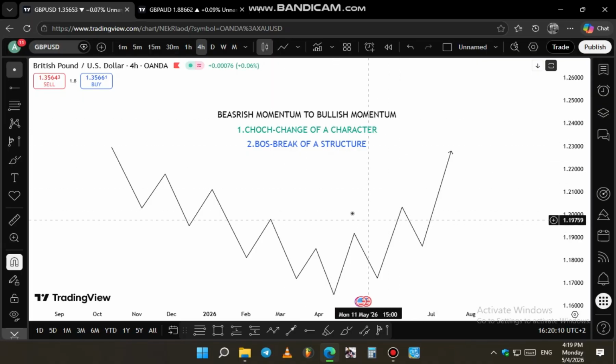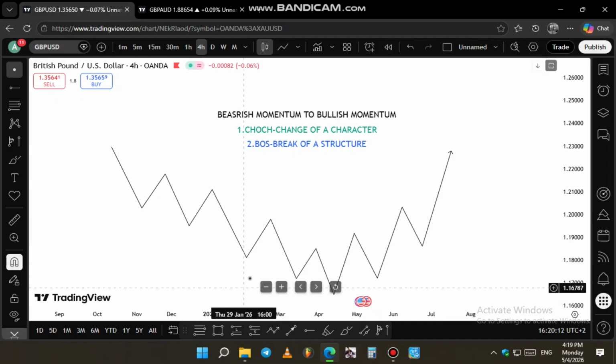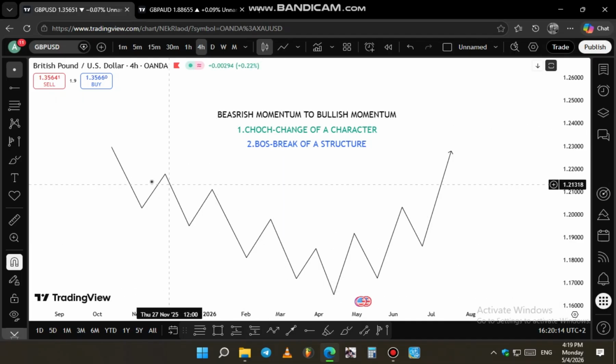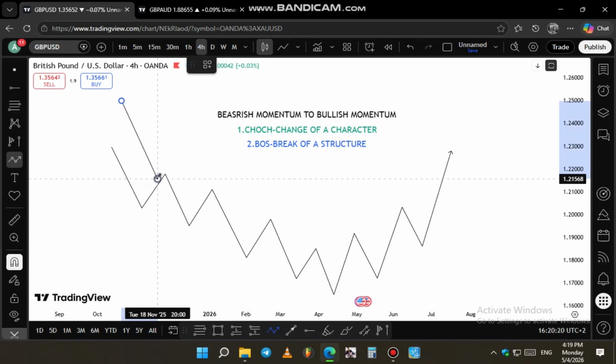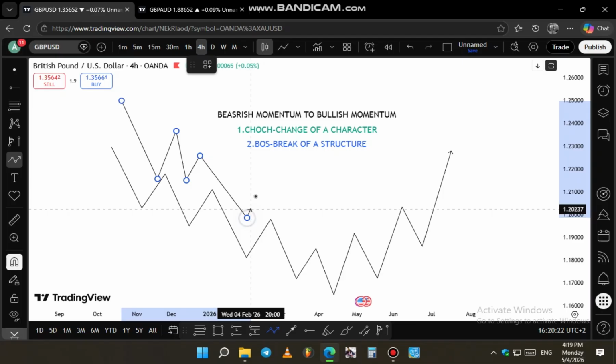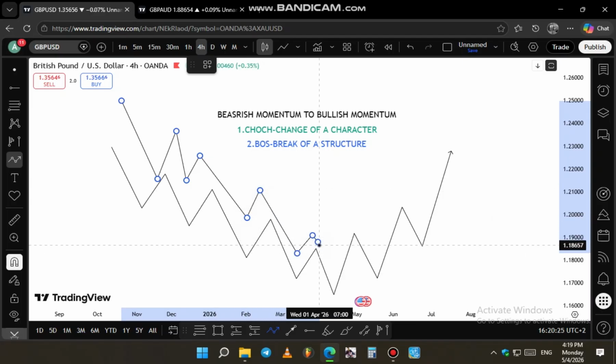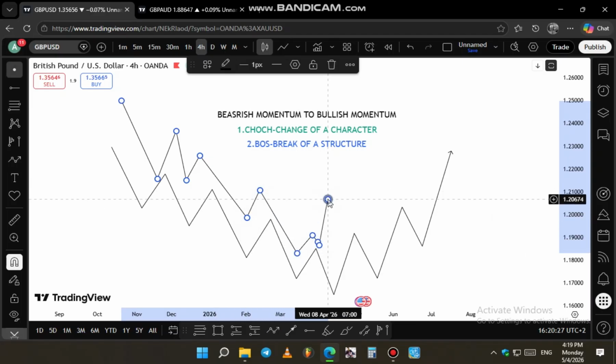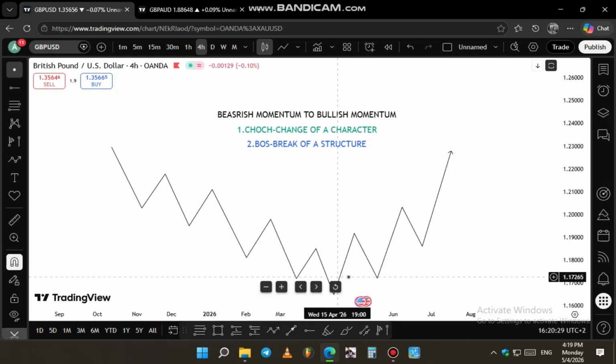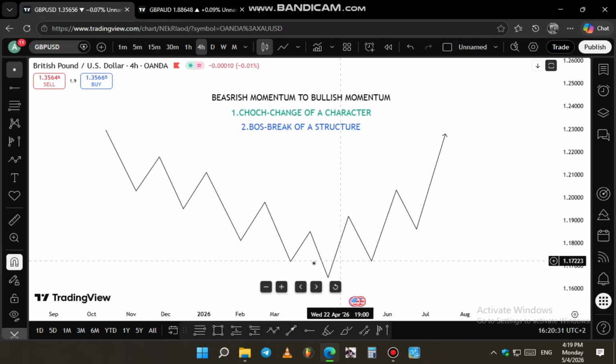So okay, guys, what is bearish momentum? Bearish momentum is when sellers are in control, when the market is going down, exactly like what is going on here, you see. And then until buyers come and take control from sellers and the market creates a change of character, then the market starts creating higher high and higher low.